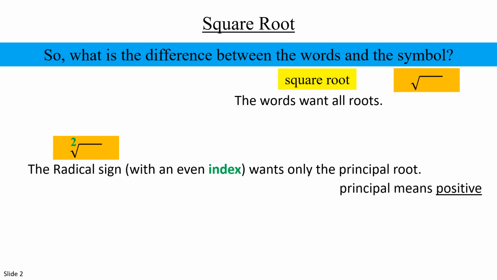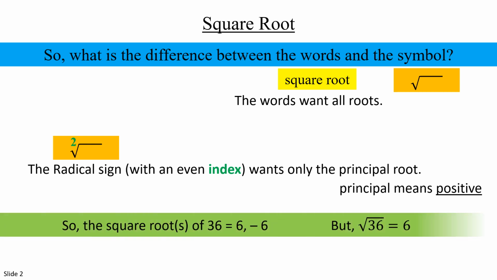Principal means positive. So when you use the symbol with an even index, that little green number there, it wants the positive root only. So when I say the square roots of 36, that's 6 and negative 6. But when I use the symbol root 36, it only wants 6.